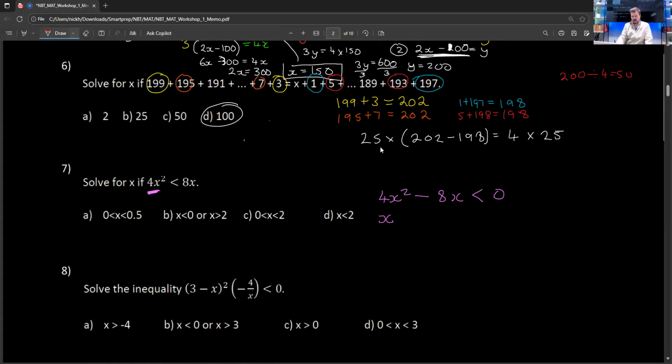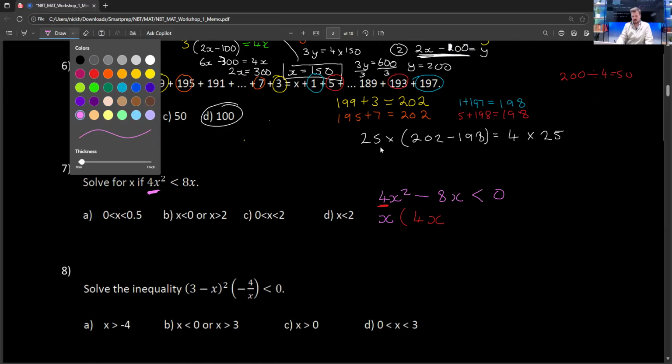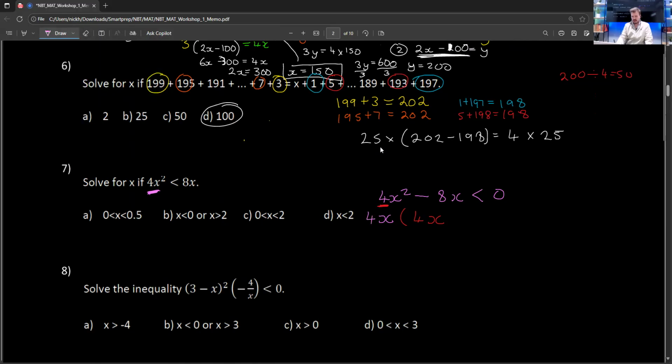This means that you have a 4, and the 2 means there's 2 x's. If you've taken one x out, you have one left. Actually, I should really take out a 4x, because there's a 4 in the 8 as well. So let me just remove that. We're going to take out 4x.